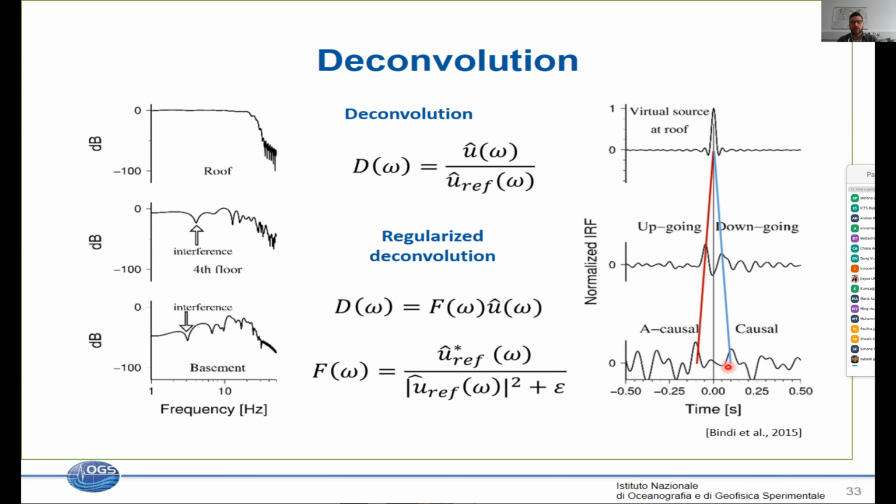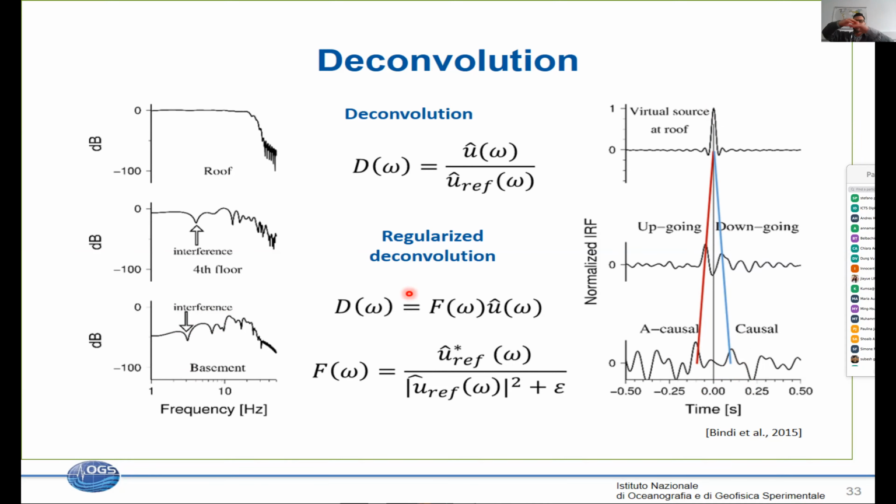Of course, this is in some way disturbing us, also because it's what is generating in the downhole recording some holes in the spectra. These holes in the spectra are due to the negative interference of the downgoing waves with upgoing waves.